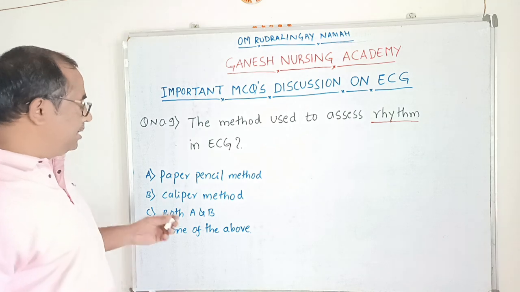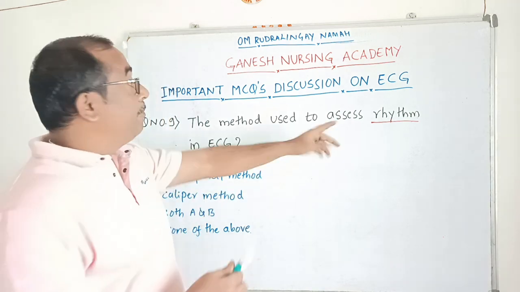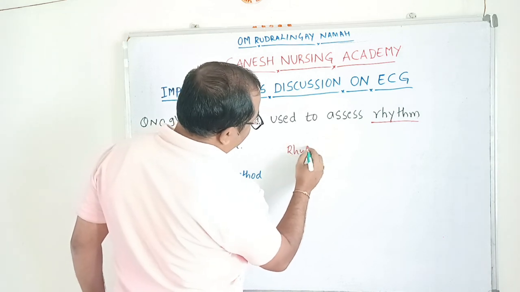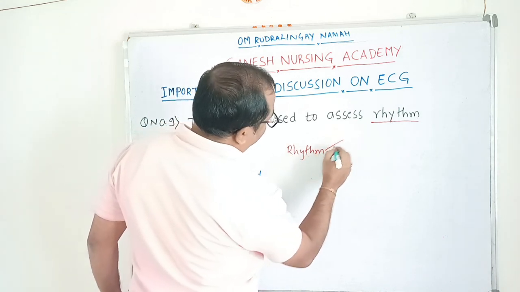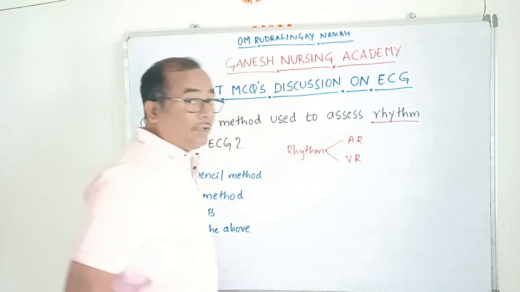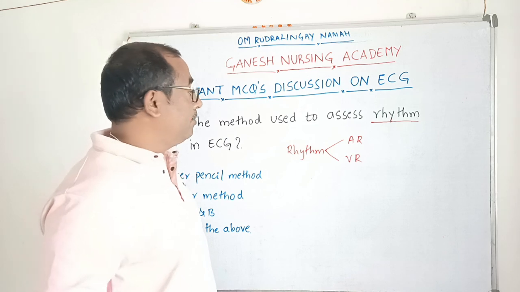First, what is this rhythm? We are going to assess the rhythm, that is atrial rhythm and ventricular rhythm. So two rhythms we are going to assess, atrial rhythm and ventricular rhythm.